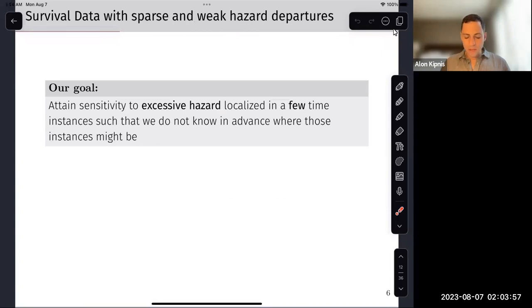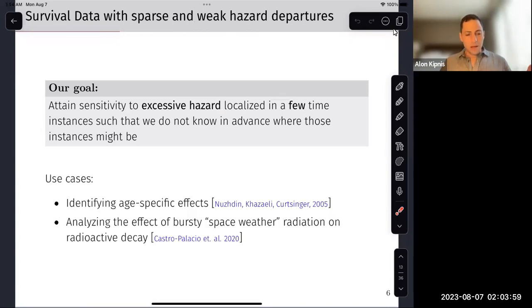Now, applications of this situation are perhaps many of those situations where people apply the non-homogeneous log rank test. They're actually looking for a sparse signal, but many times they did some overfitting to the data. So there are a lot of applications where improved analysis can be done using the tool we're developing here.